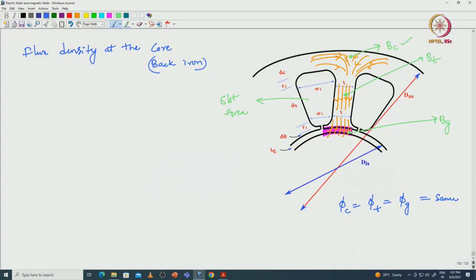So, how do we find the flux density at that particular point? We will see the area where the flux lines are coming. This is the place where the maximum flux lines are entering into the teeth, right. So, we have to find the area with respect to that particular point, okay.